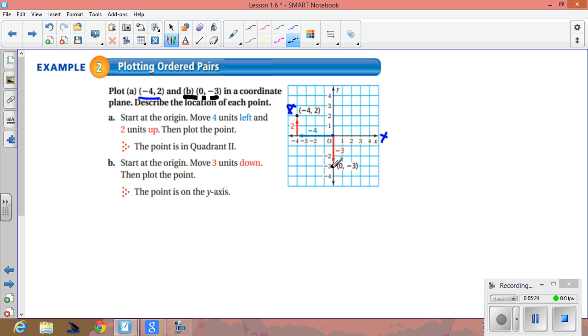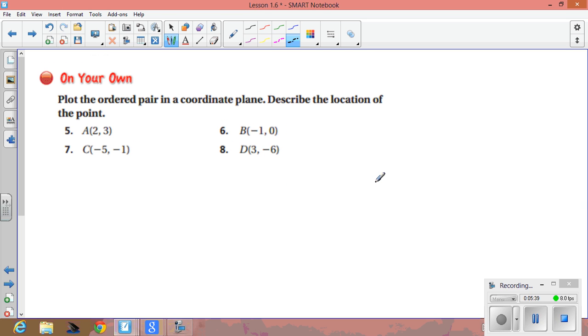And here is B. That should be B, 0, negative 3. Next page. Take your graph paper and take a minute and graph the 4 following points.